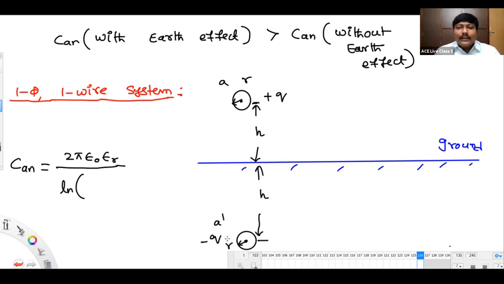So I can say this is 2h by r, in farad per meter. Distance is how much? 2h, so 2h by radius.